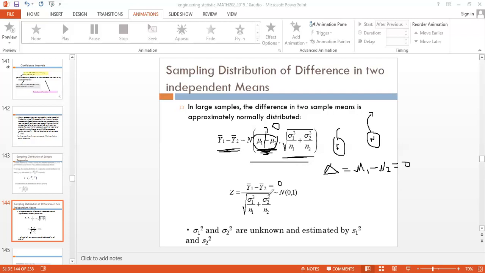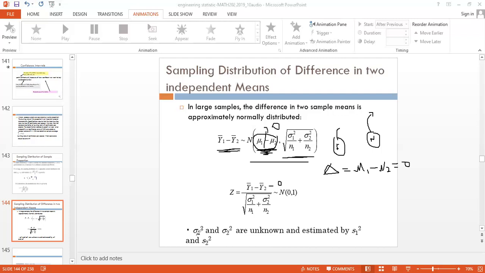Over the standard deviation, which is the square root of sigma 1 squared over n1 plus sigma 2 squared over n2, where sigma 1 squared and sigma 2 squared are the variances for the two populations respectively.